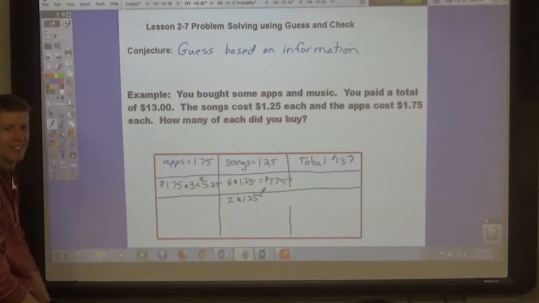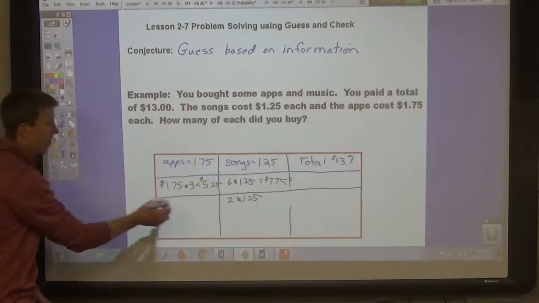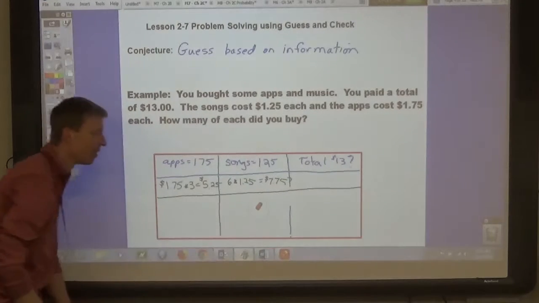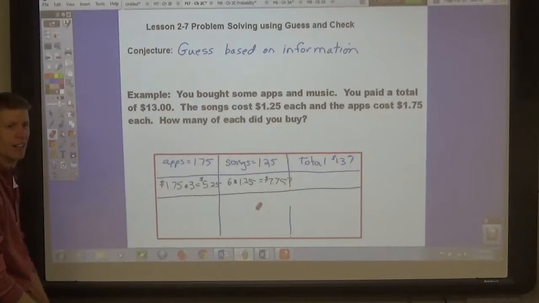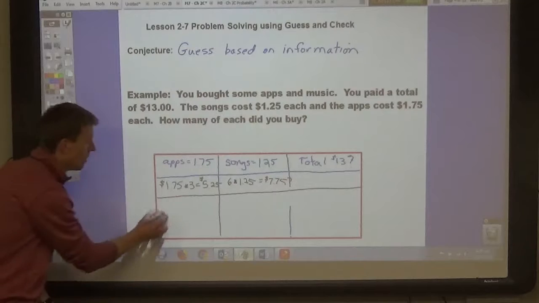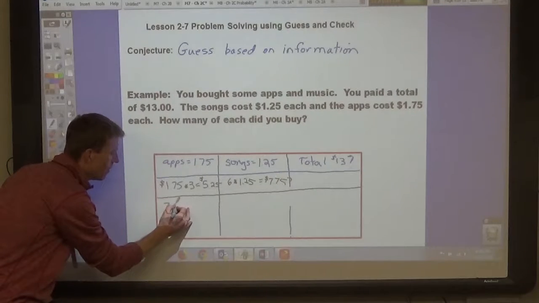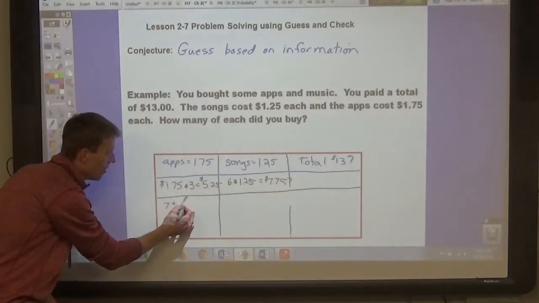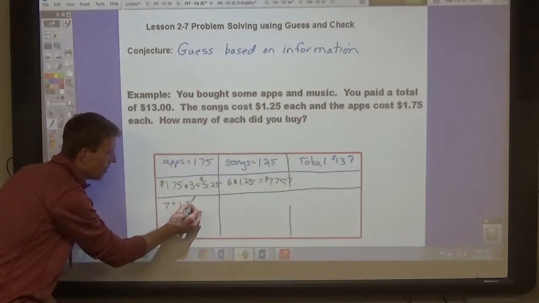I did it my own way, and then I did 4, and then I thought that each app was 3.50. Peter? 7 apps and 2 songs. Not 7, it's 6.